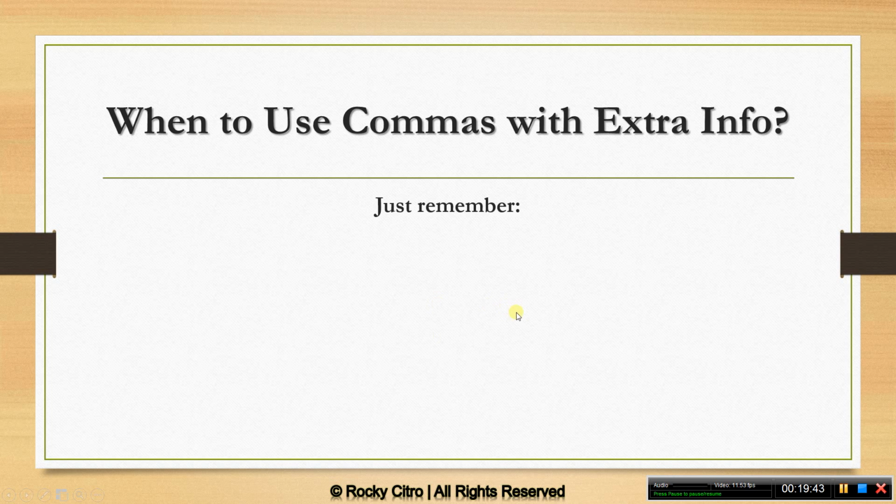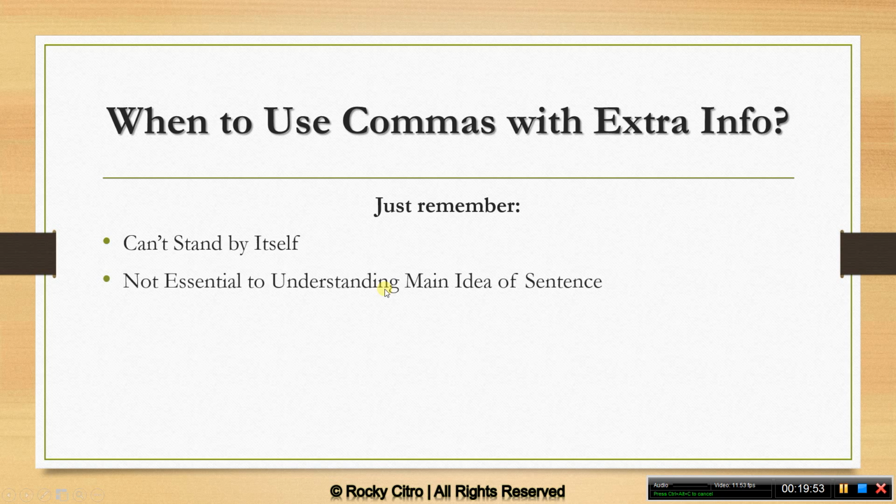Okay, if I totally scrambled your brain there, just remember we have some common elements here. Again, we have some wording that can't stand by itself. This time it's in the middle of the sentence, and it's not essential to understanding the main idea of the sentence. This guideline doesn't always work, but I like to throw it in.